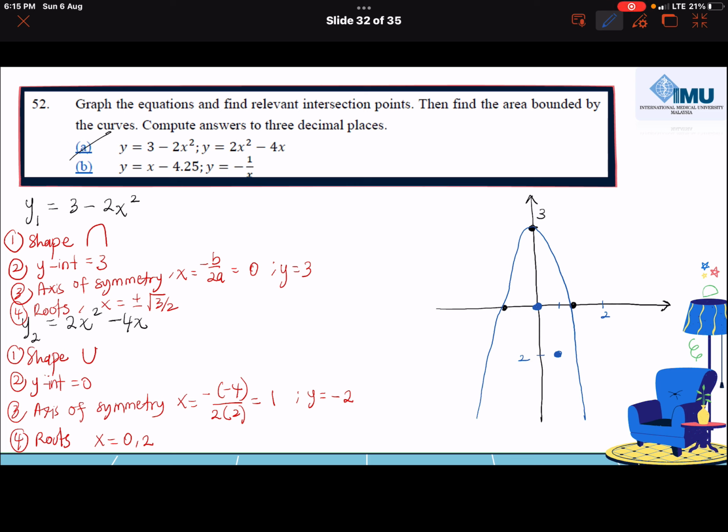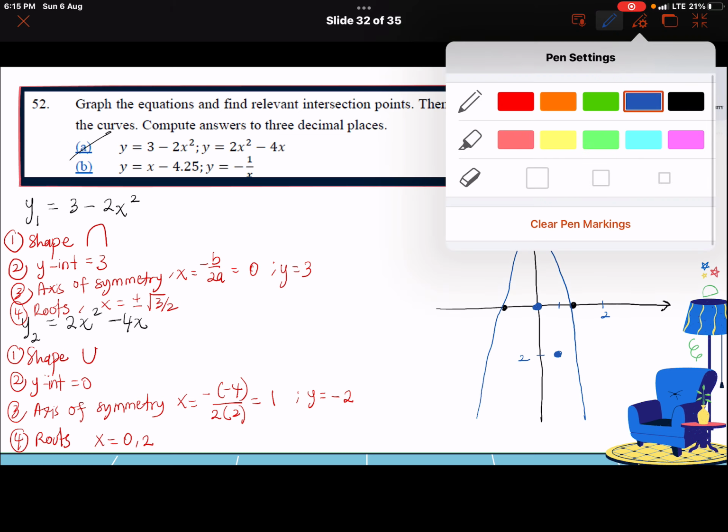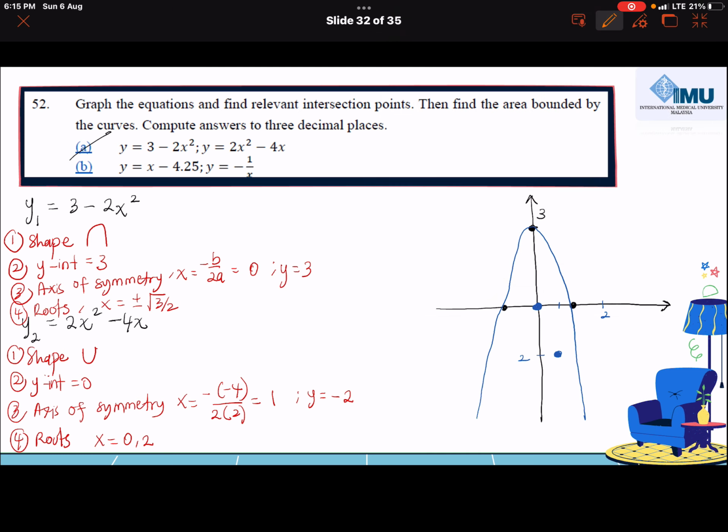Now you get already what will be the given graph of the parabola. Let's use the second color. Your turning point will happen here, and yes, it will cross at x equals to 2. Since my scale is not really accurate, let me change slightly.